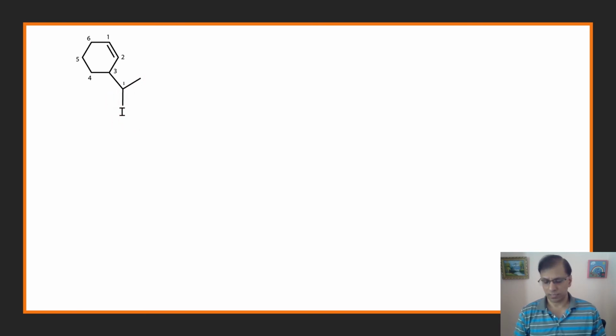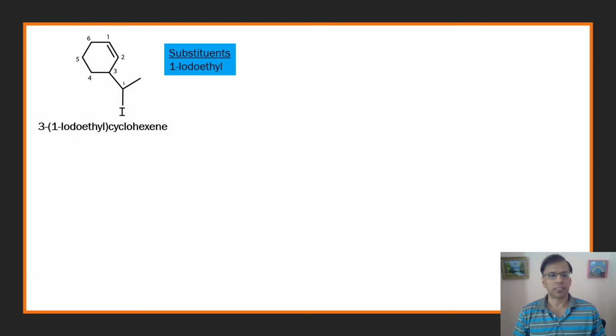So this is called 1-iodoethyl substituent, and it's located on carbon atom 3 of the parent ring. So this is the parent ring. It's called the cyclohexene ring. So you put a number for the location of the substituent right in front of it.